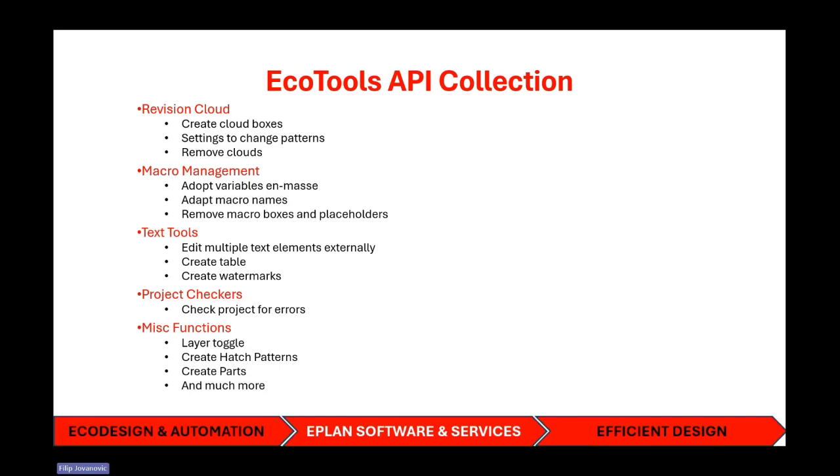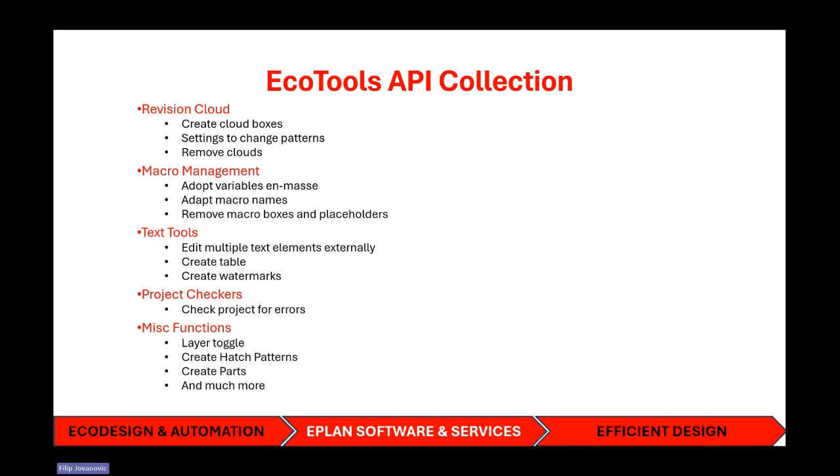The macro management app allows you to create window macros or page macros very fast, to get the macro name and adaptive variables. The text tools allow us to manipulate text elements, like export text to Excel, import them back, create tables, and create watermarks.